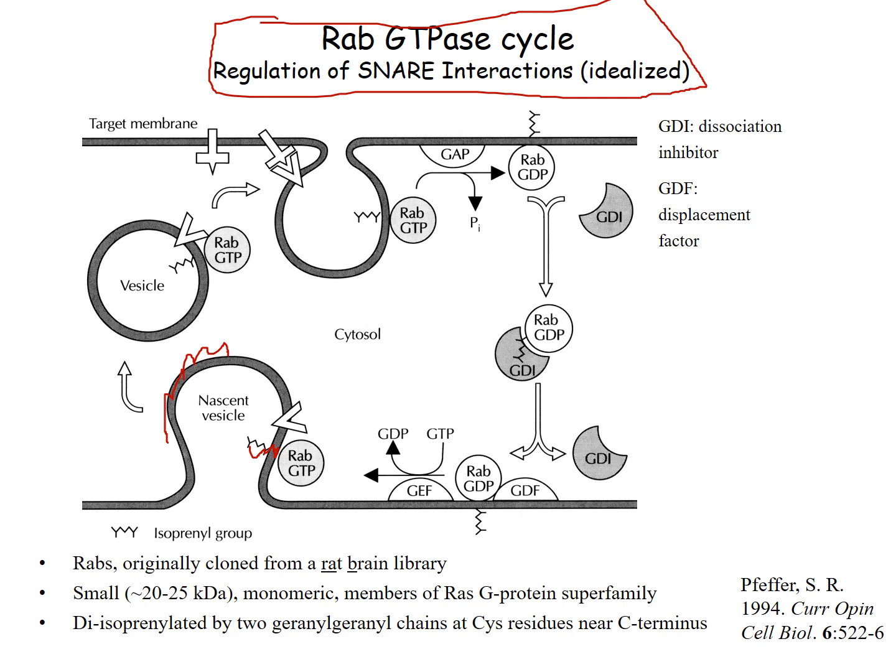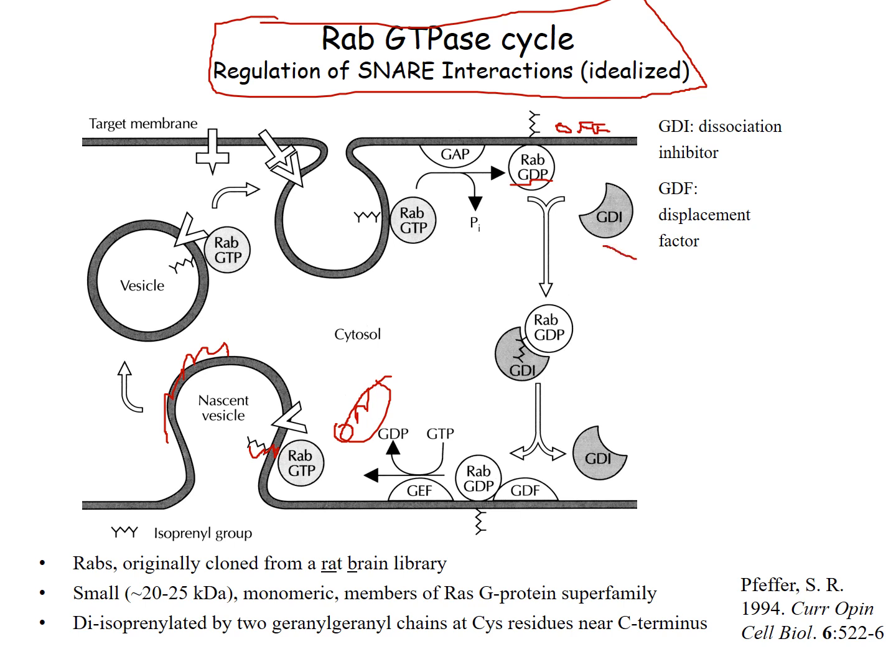RAB is sitting on the vesicle, and there's a protein known as GAP, GTPase activating protein, and it puts RAB in the GDP form, which is now RAB is off. So this is the off RAB, GDP, okay, off. RAB GTP is on, okay, on and off. And there is a protein called GDI.